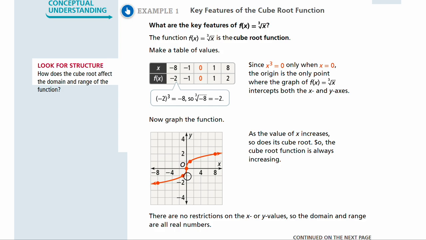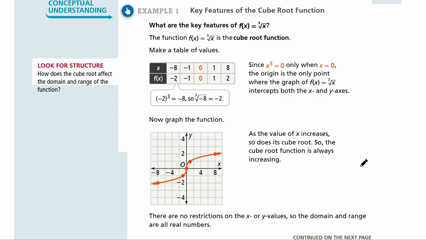And then you can plot the points on the graph, and you know this is going to be a curve because you see dots that have uneven slopes, right? So it's going to increase slowly over here and decrease slowly over here. Your cube root function looks like this.